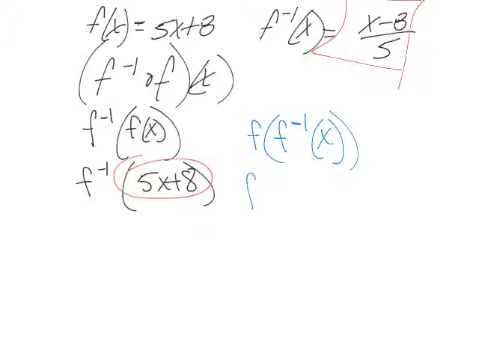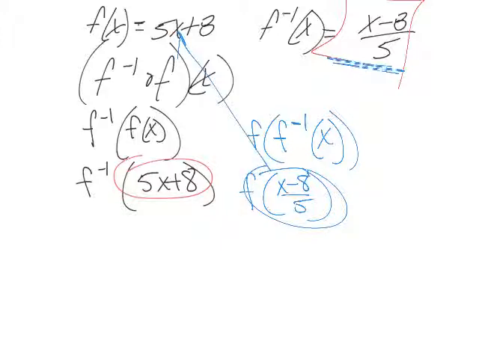So that's going to be f of, this time, x minus 8 over 5. Now I'm going to take that and put it in here. So 5 times x minus 8 over 5, and I've got a plus 8. And that plus 8 is this 8 right there.